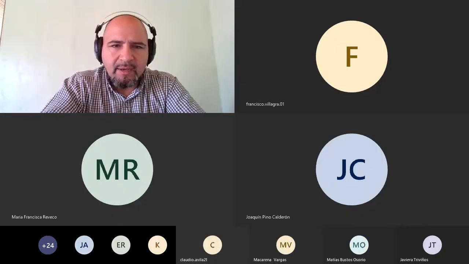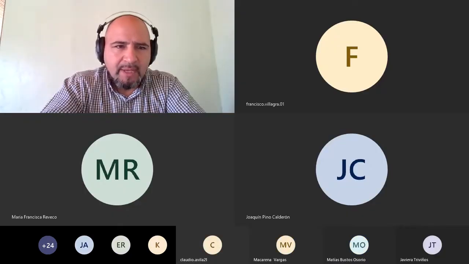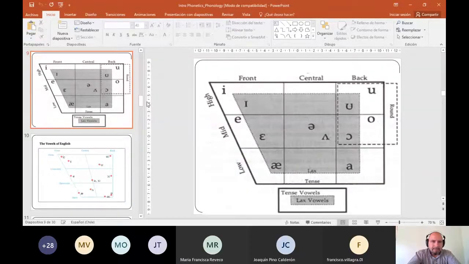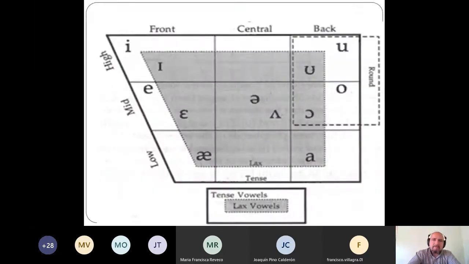So going back to the presentation, I shared with you last class a vowel quadrilateral. This vowel quadrilateral, or vowel diagram or vowel chart, was designed by a phonetician, Daniel Jones, and it represents a mouth.